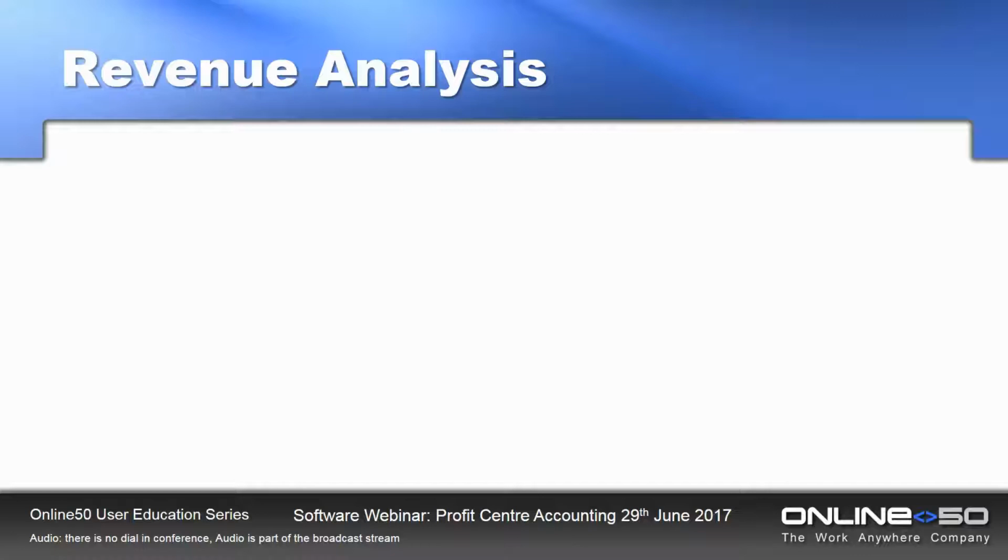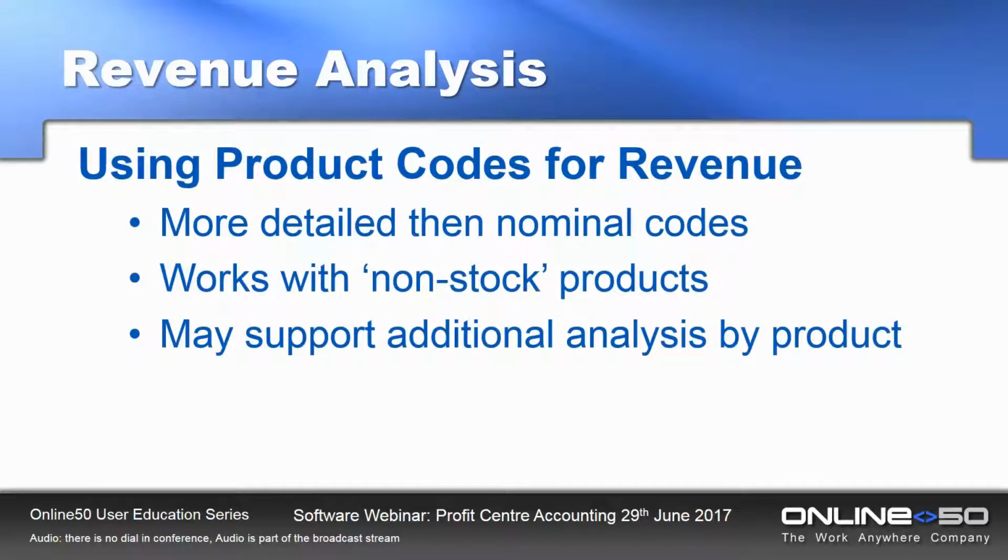There are different ways to do this, but normally using product codes to help you analyse sales is a sensible option. So with SAP Business One and Sage 50, you can issue invoices and sales orders with product codes on them. You can then perform analysis based on those product codes.